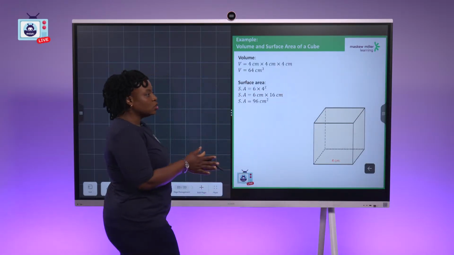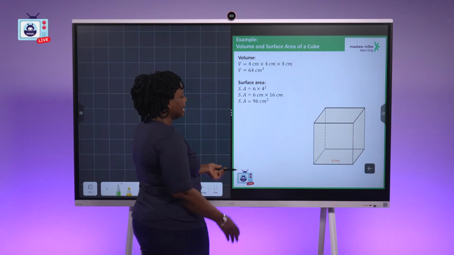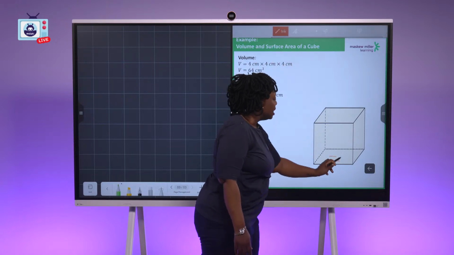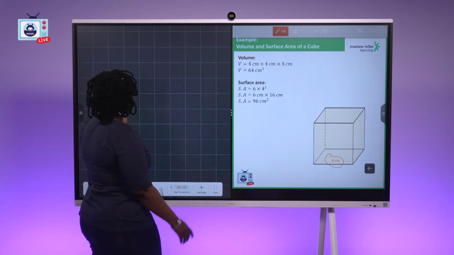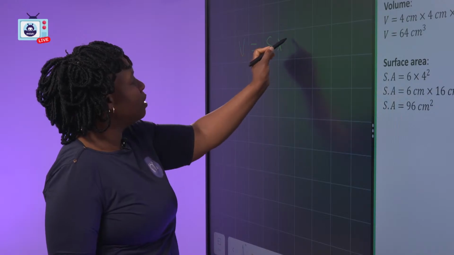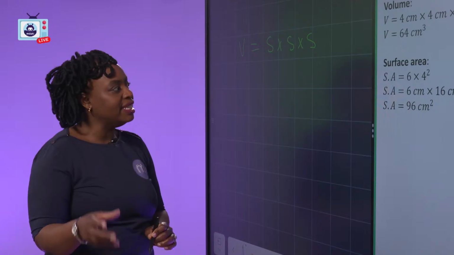Okay, so let's get into some calculations while we are still on this. If I'm looking for a surface area and I'm told that one side is equal to 4 centimeters, and I'm looking for a volume, remember that volume equals side multiplied by side multiplied by side, which we call side cubed.